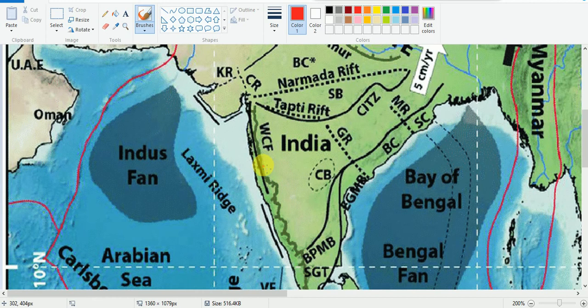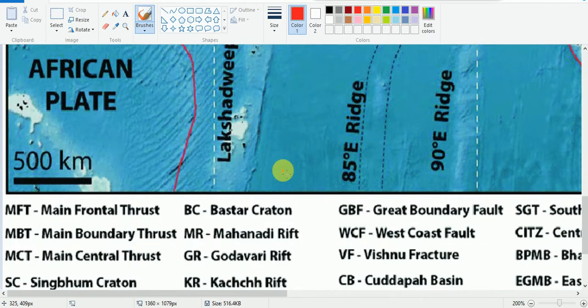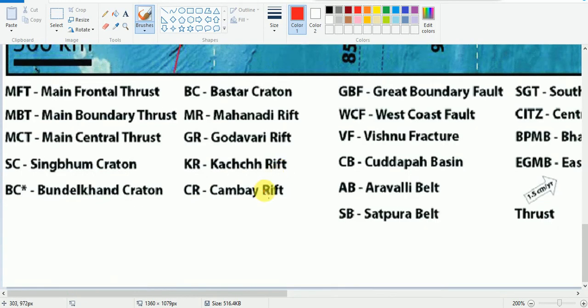Just see here, it was very broad like this. This thick black line shows the Western Ghats fault line, WCF, the West Coast Fault.